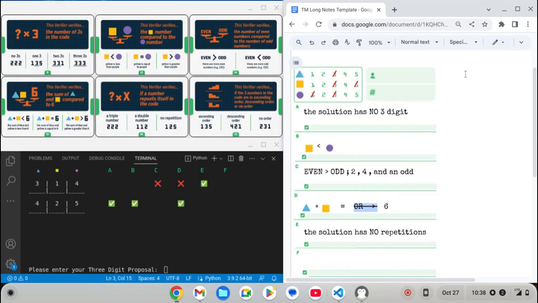So it can't be 1, 5. That's not plausible. So it has to be the 2 evens. So let's cross out all of the evens in triangle and square. And then let's also cross out the 1 in square.